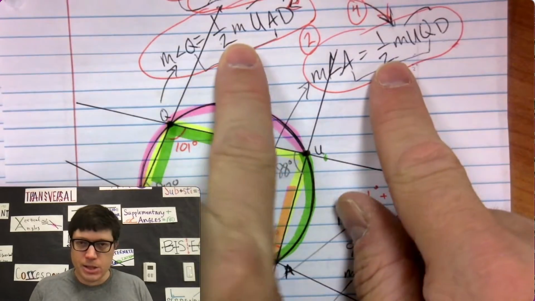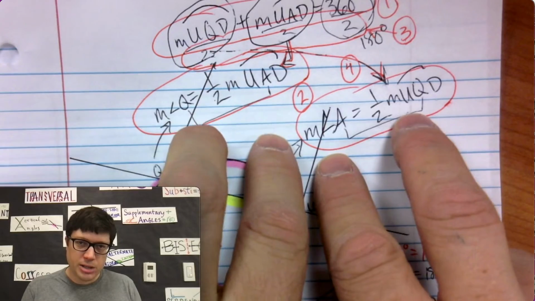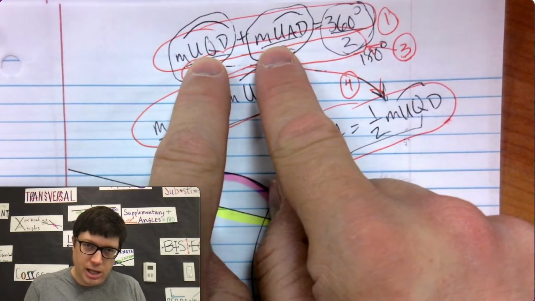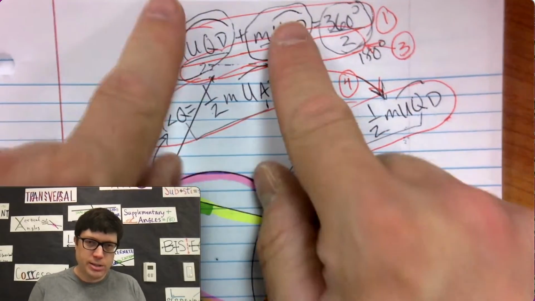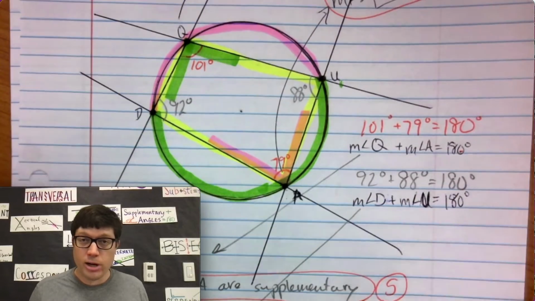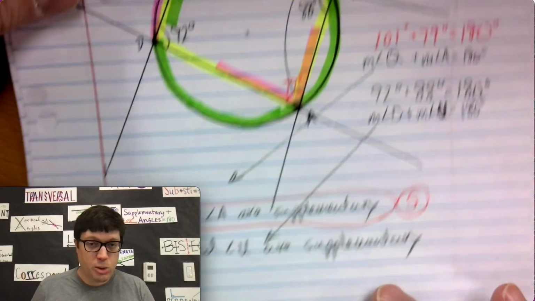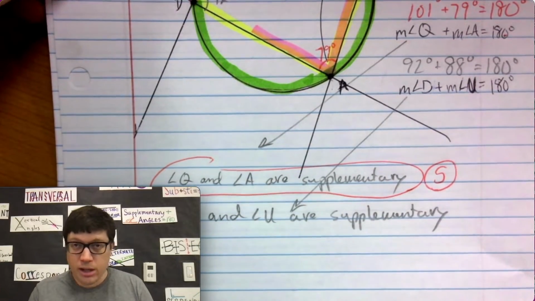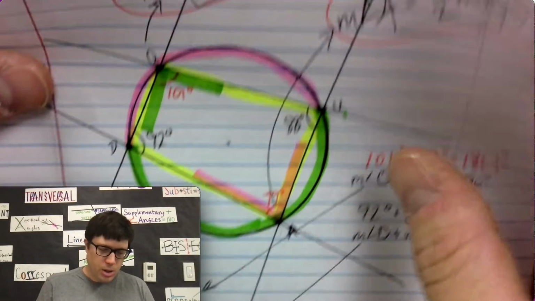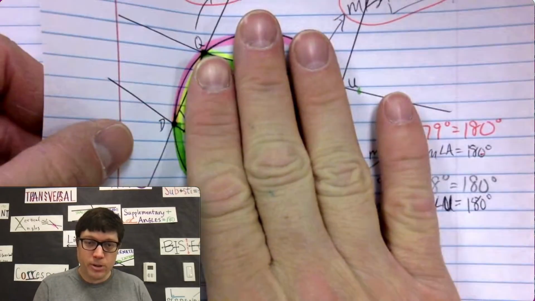Then we're going to use substitution, where these two things have matching things up here. And so we can substitute. And then last of all, we're going to come up with a statement where the angle equals 180. So we might as well just say the angles are supplementary. That's our proof.